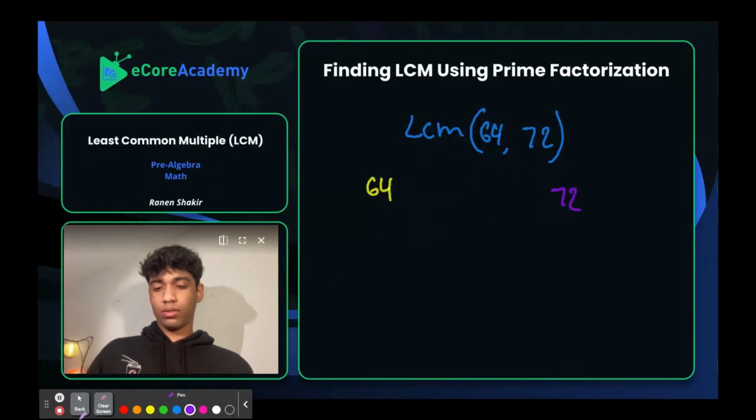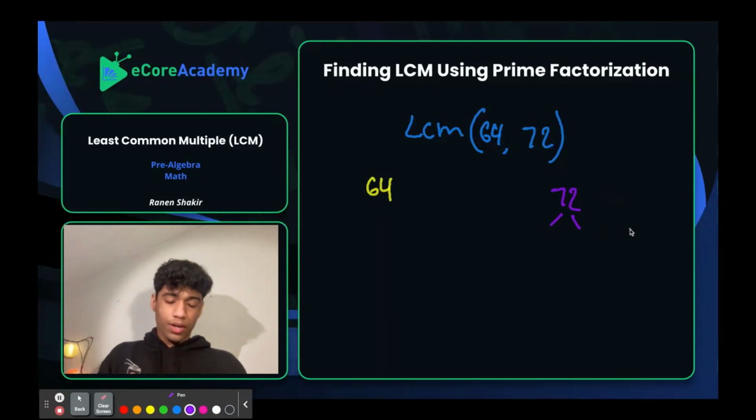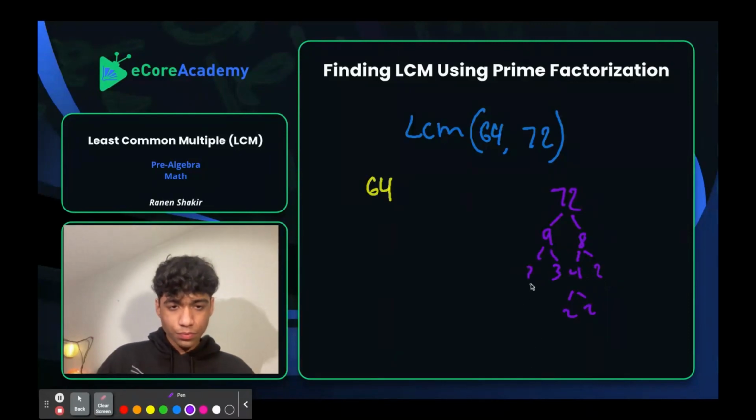All right, let's factorize 72 first, I guess. So we can do 9 and 8, 4 and 2, 2 and 2, 3 and 3. So we'll have 2 cubed times 3 squared, and then there you go. That's your prime factorization for 72.